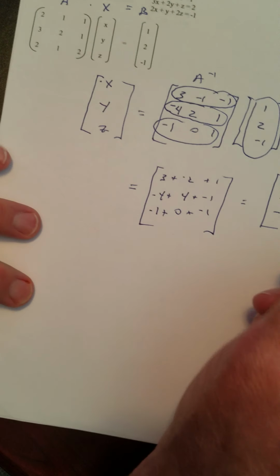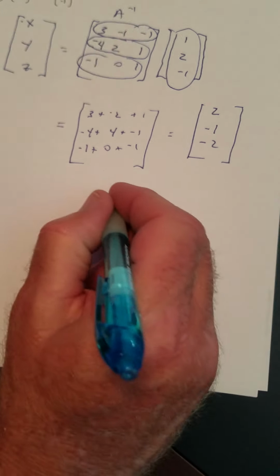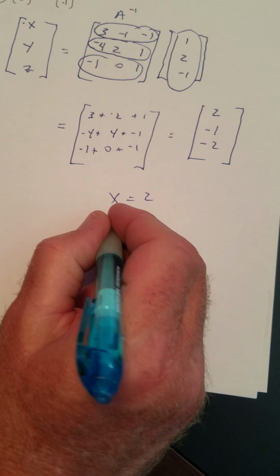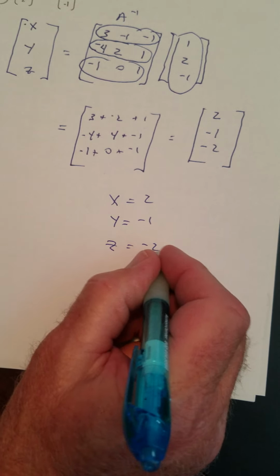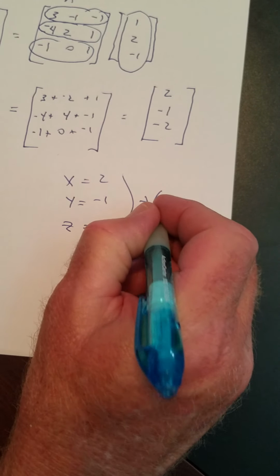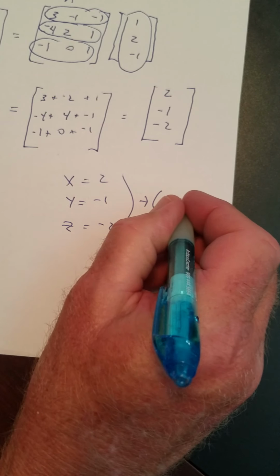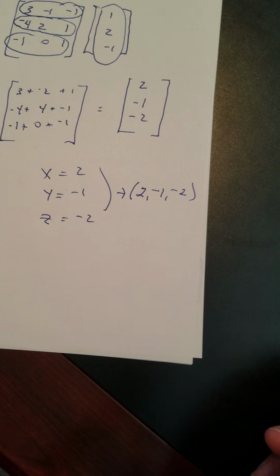That's negative 2. So x equals 2, y equals negative 1, z equals negative 2. But the best way to write it is as an ordered triple, like that.